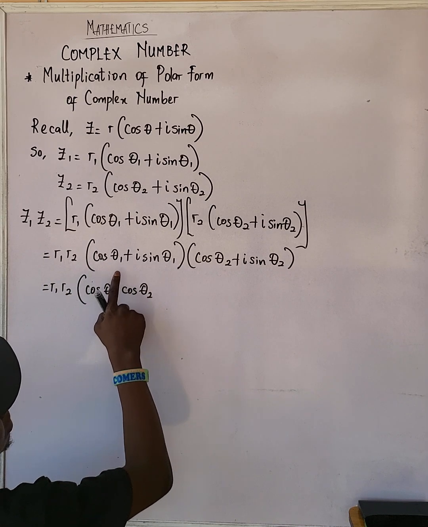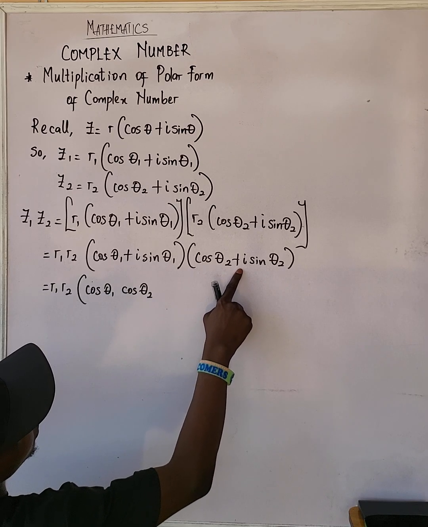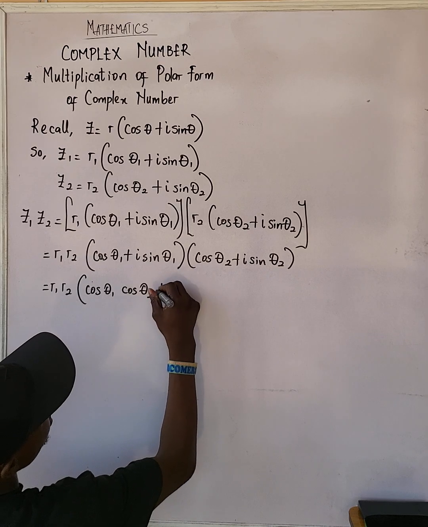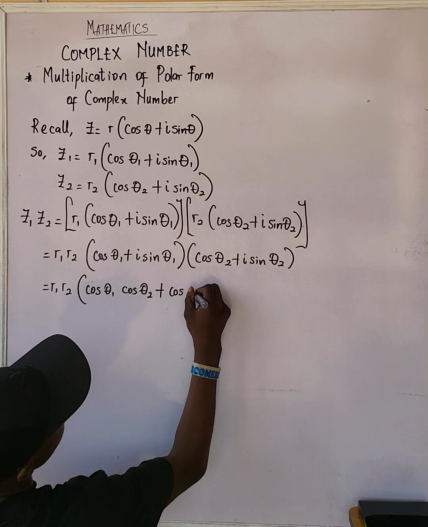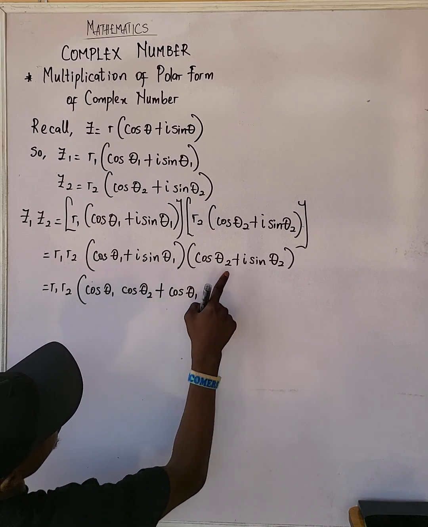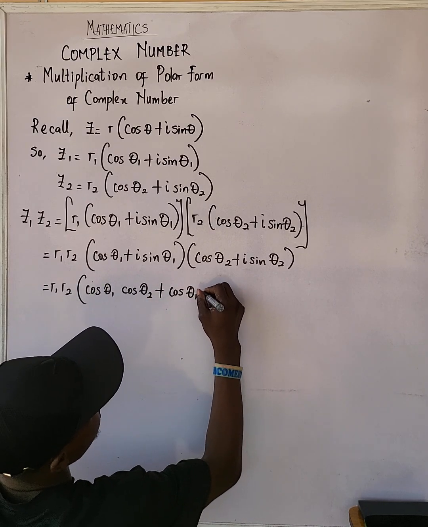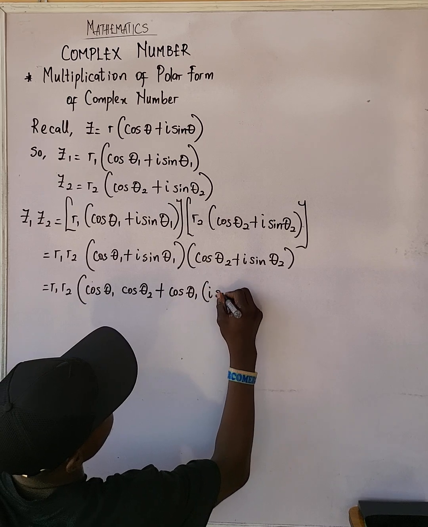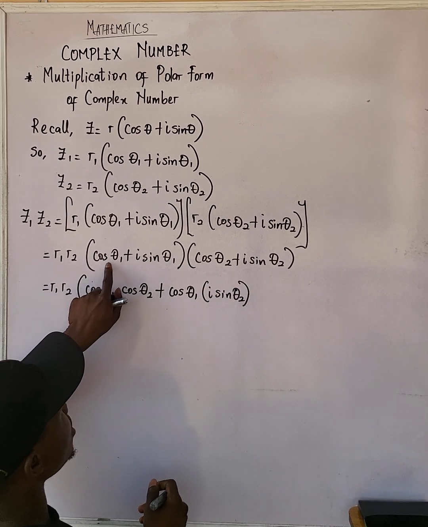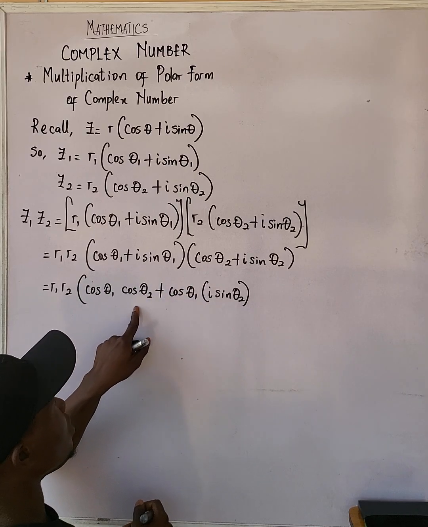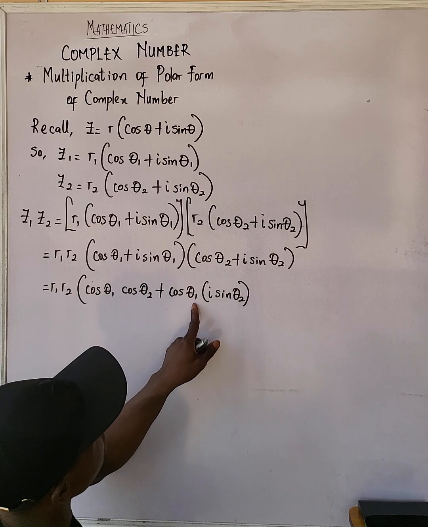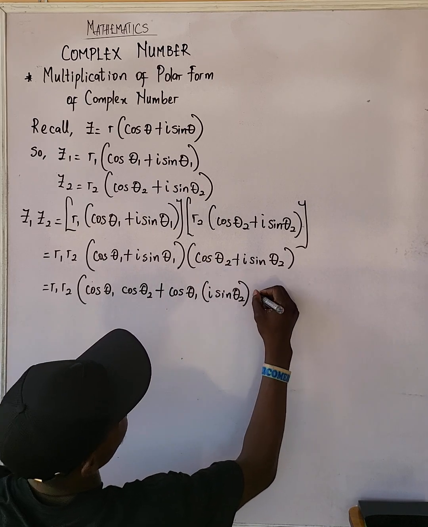Now, cos theta 1 multiplied by i sin theta 2 will give us plus cos theta 1 into bracket i sin theta 2. Then let's go again.